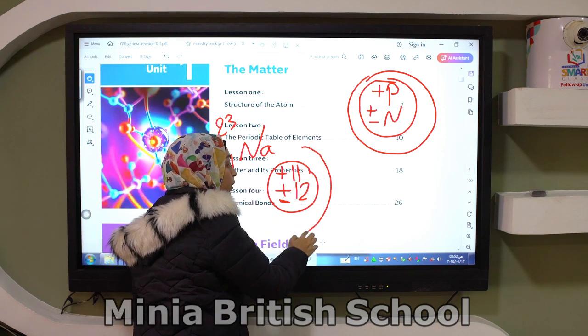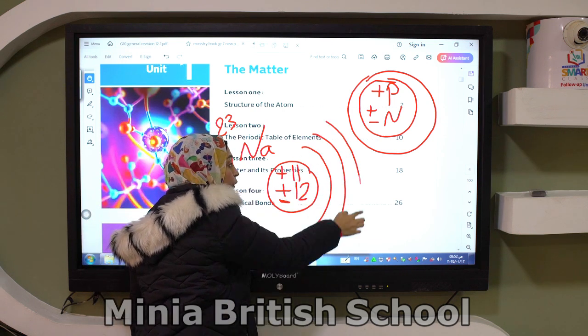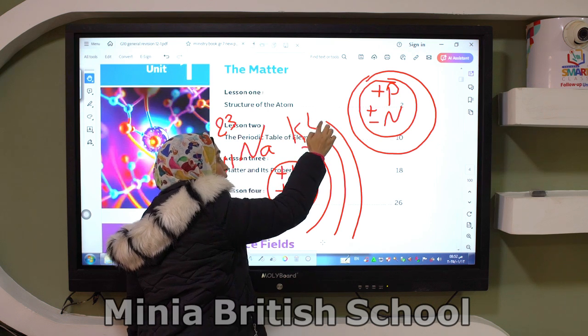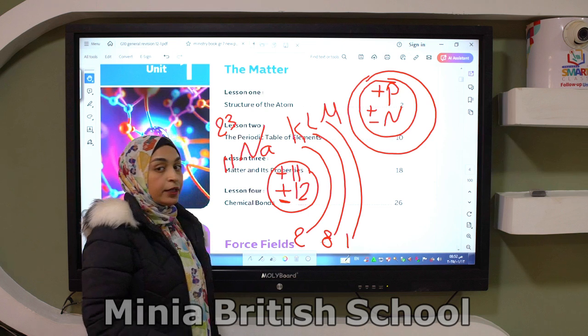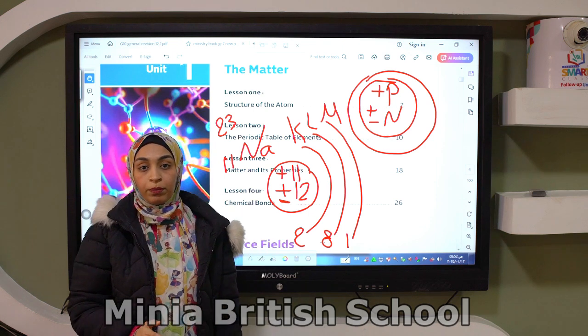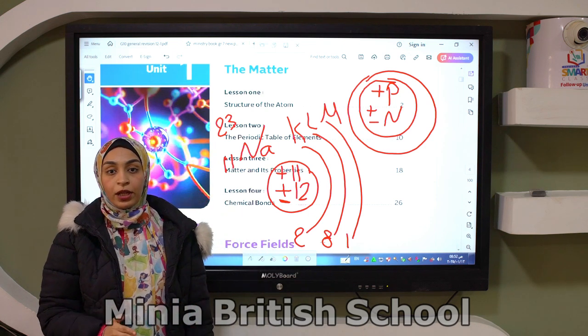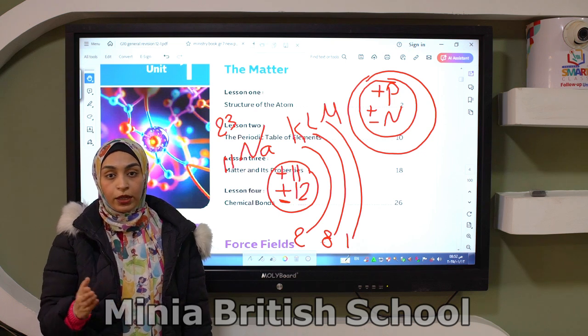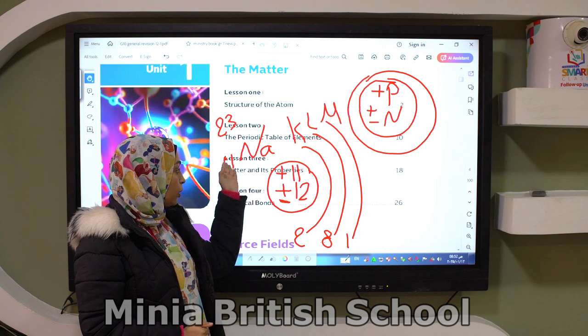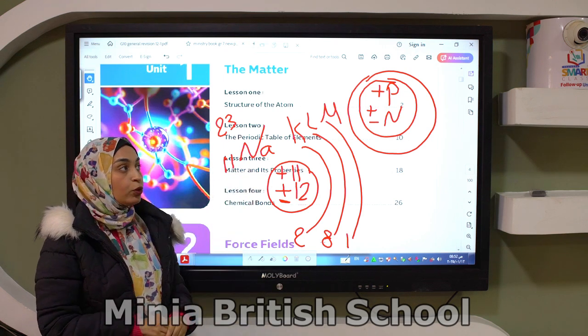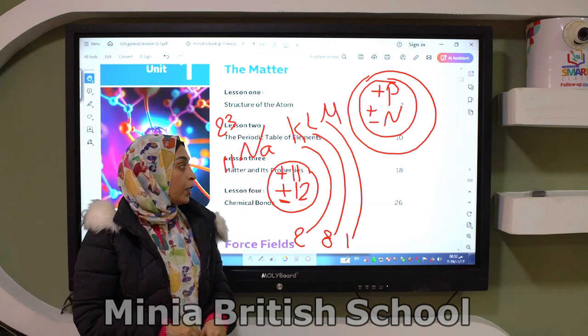Then we distribute the energy levels K, L, M: 2, 8, 1. So when I distribute the atomic number, I can use the rule 2n², where the atomic number is equal to the positive protons inside the nucleus.